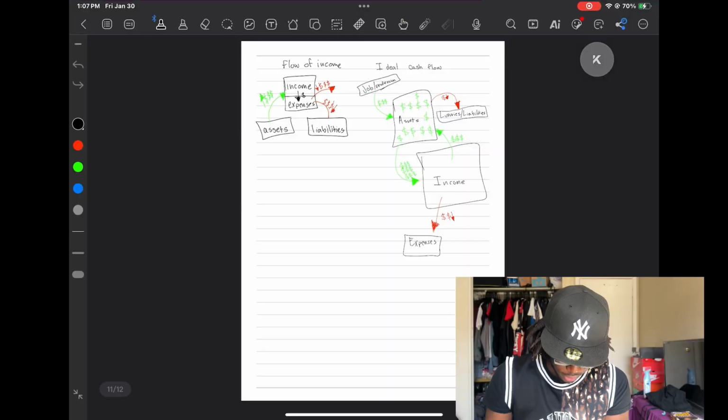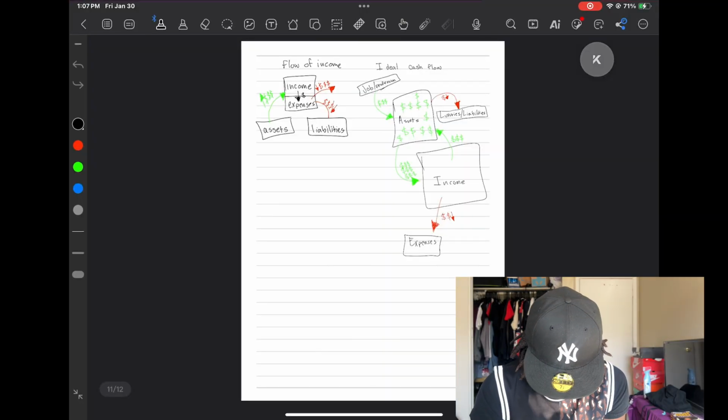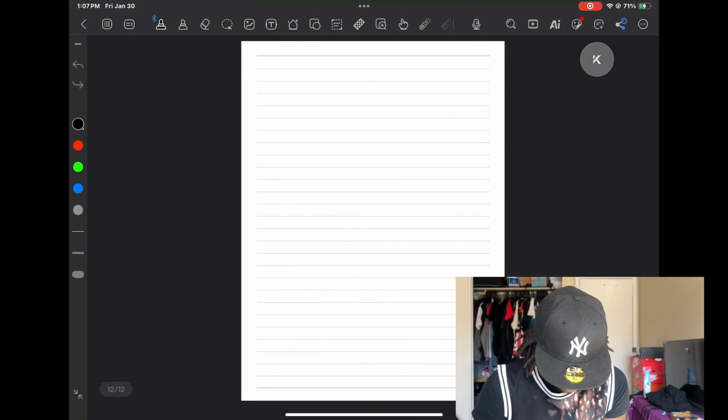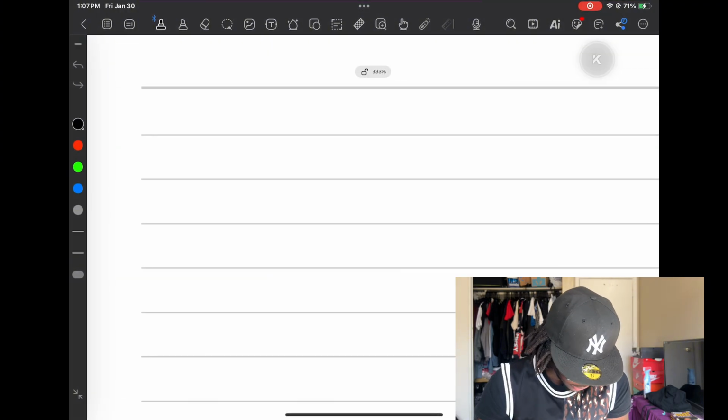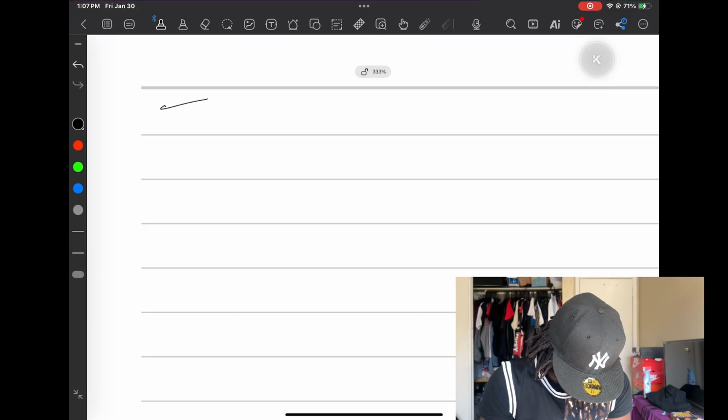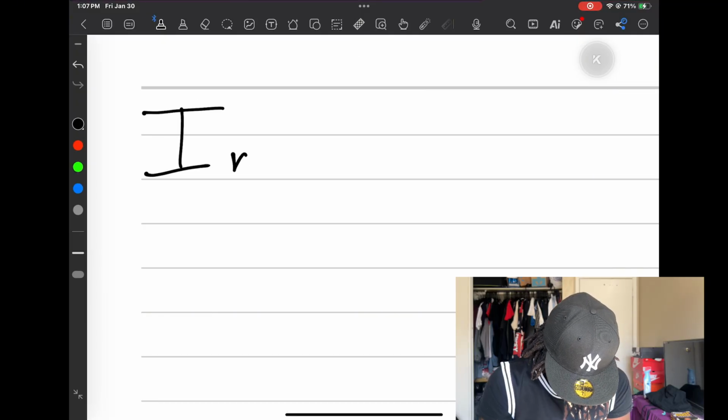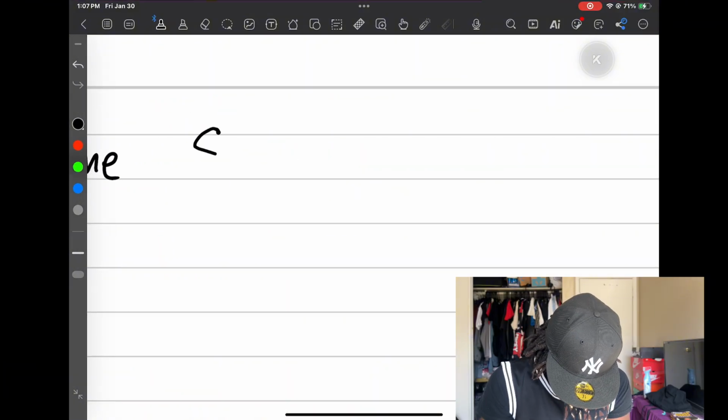Alrighty. So I'm gonna put it up on the screen so that y'all can see it. Let's go to a new page because that's the old one. So now let's write it down. Income sheet.